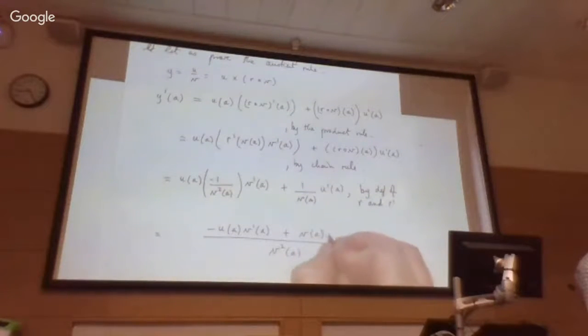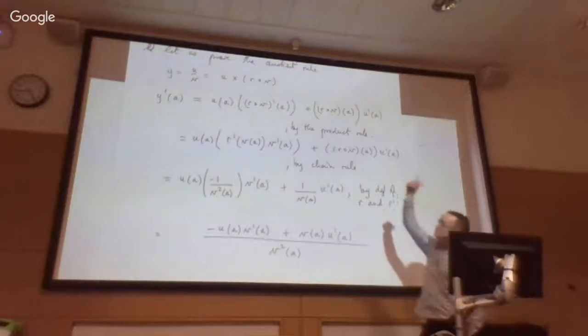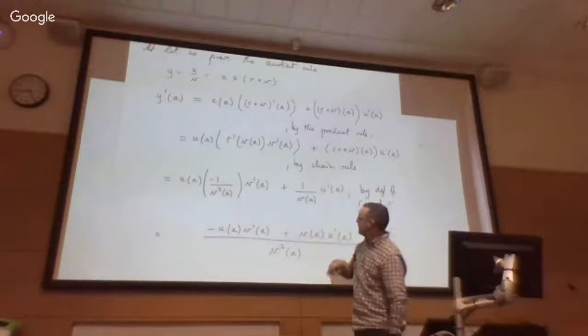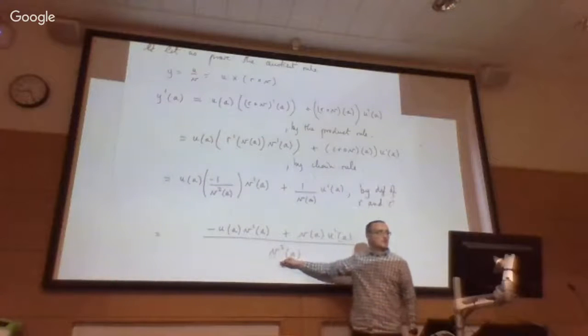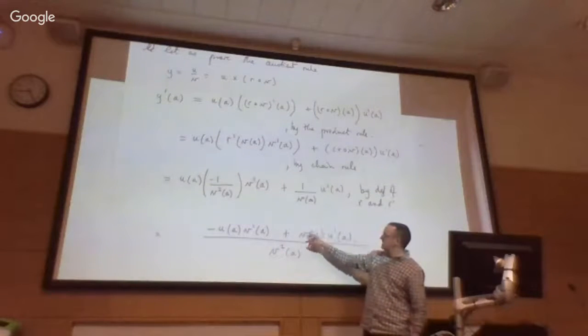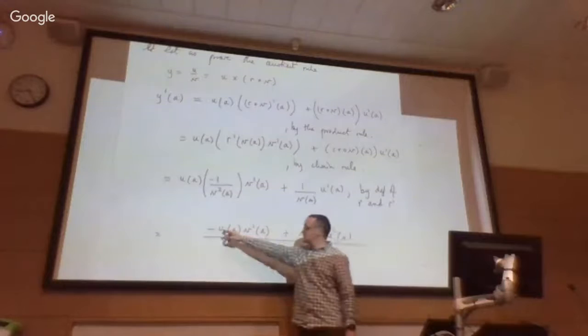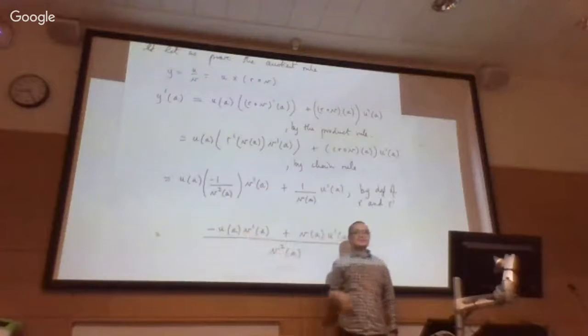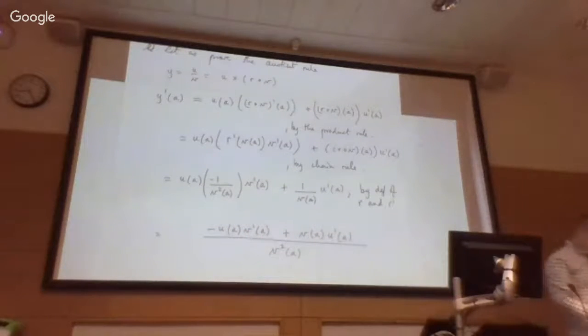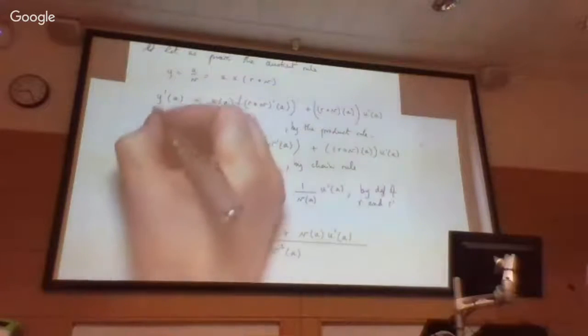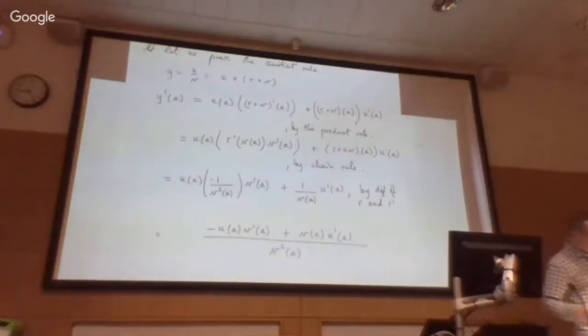It's v of a times the derivative of u at a. And that, when you look at it, is exactly the quotient rule. Y is u over v. What's the derivative of y? The derivative of y is all over v squared, and it's v times the derivative of u minus u times the derivative of v. It's exactly the quotient rule. Remember, this is y prime of a on the left.